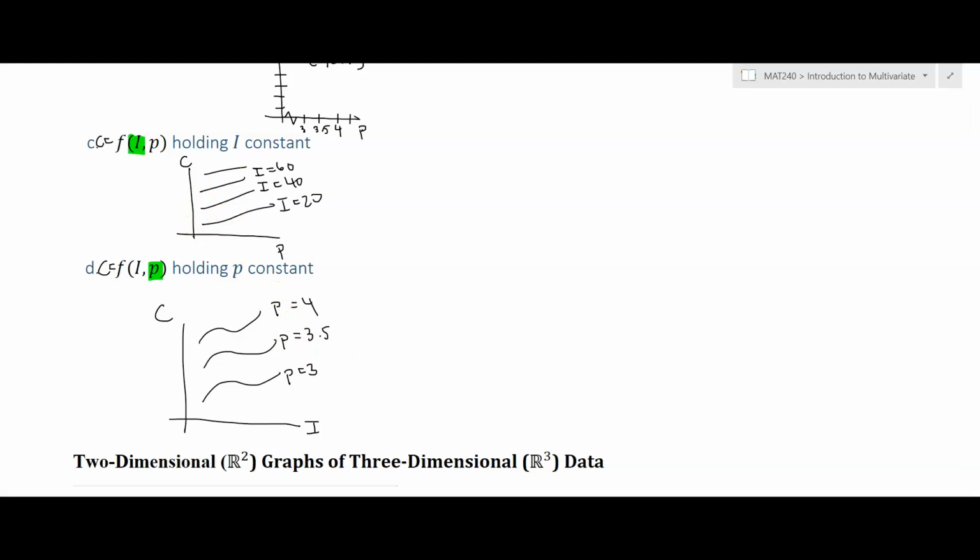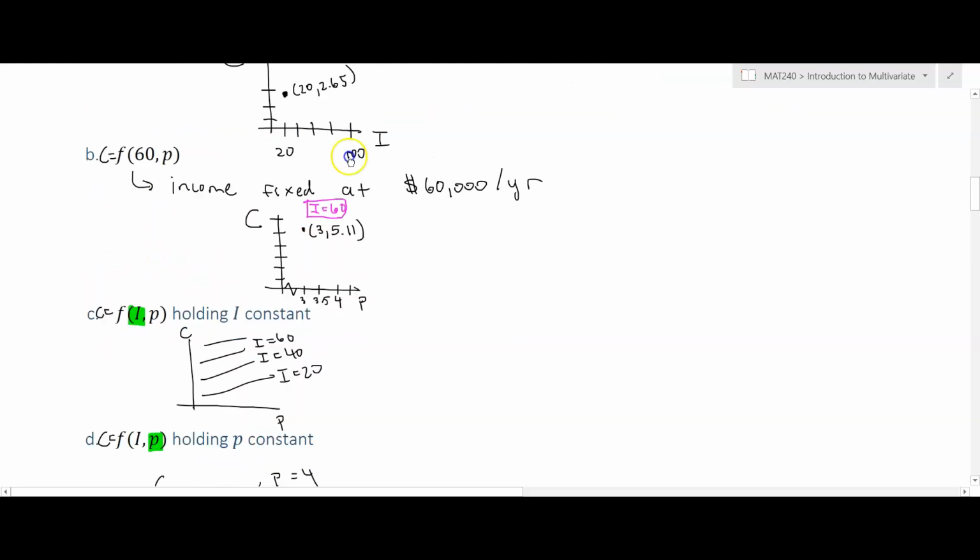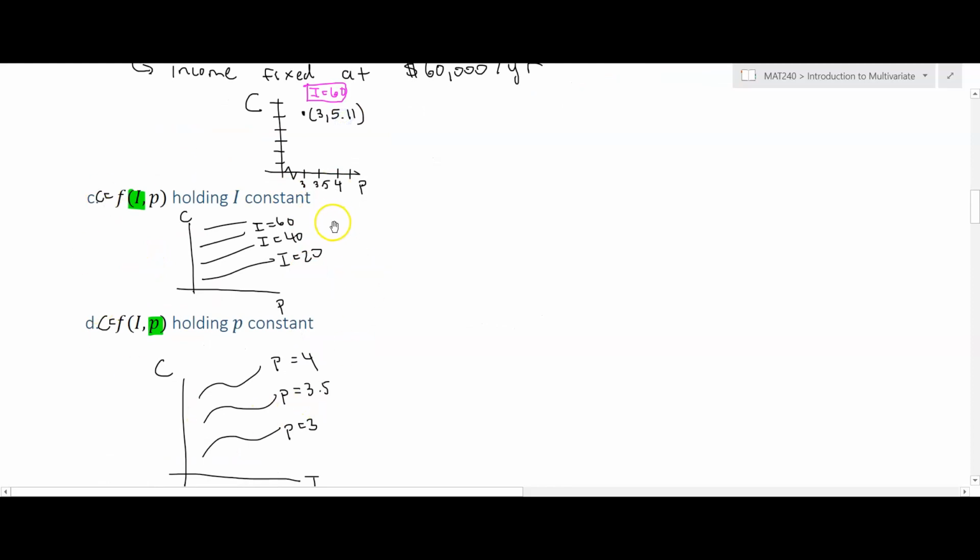The first two problems are really just specific values of holding income and price constant. These are kind of just saying that we could be holding I constant at whatever value we want, but the point is that the relationship that we're focused on studying is that between the remaining input variable not being held constant and the output variable.